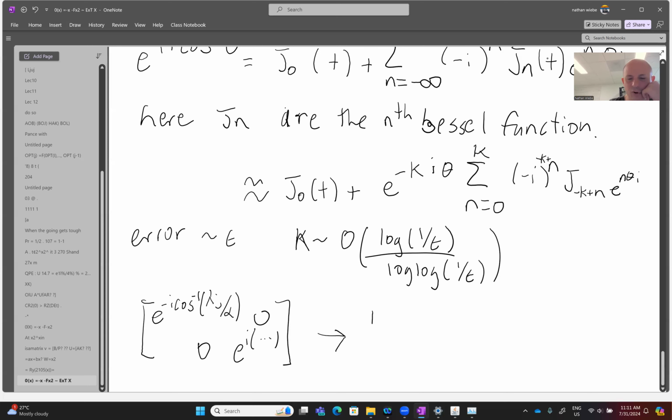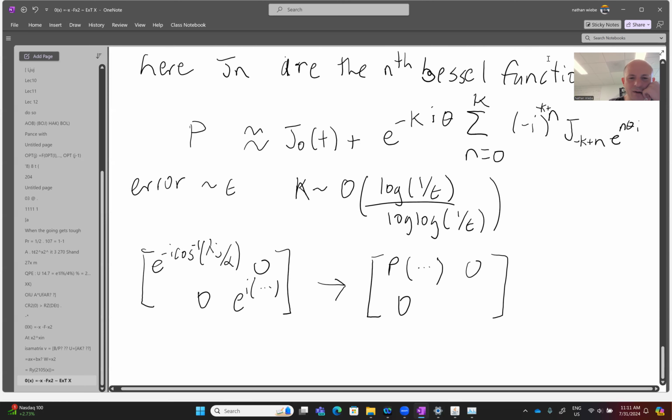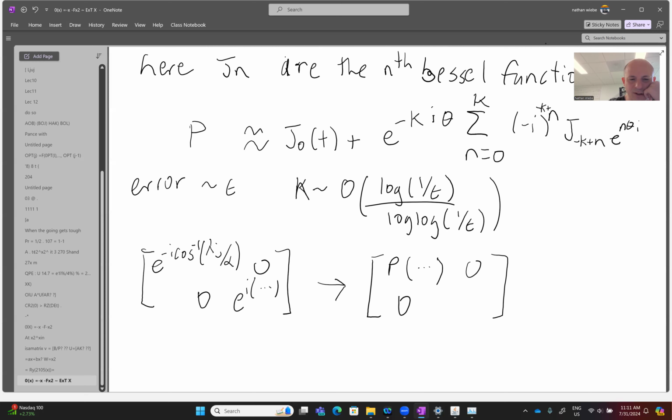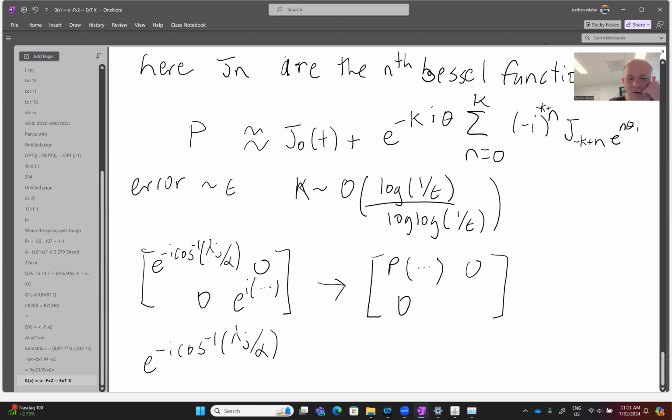If we can perform a polynomial transformation on this and go to p of dot dot dot, 0 0 down here, where this is p, then actually let's change this a little bit. I said t, let's make it alpha t in here.